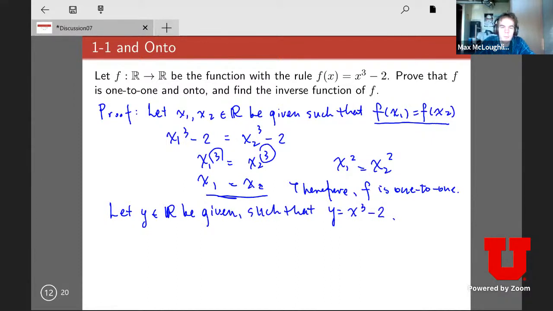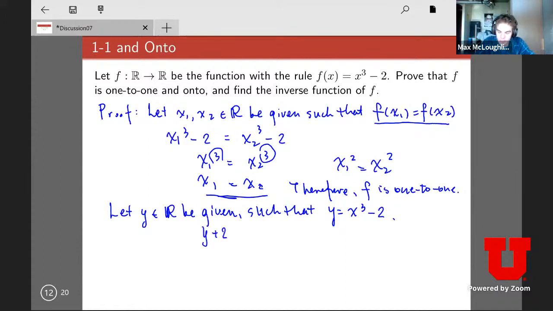So now what we can do is just solve for x. We need to show that there's always an x in R that maps to this y. Does that make sense? So that's how we prove that every y in R in the codomain has a corresponding x.